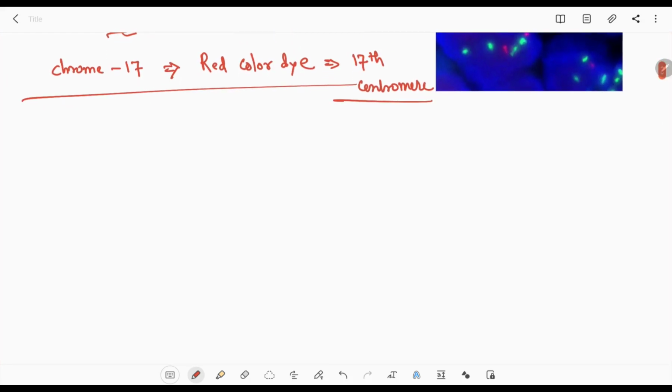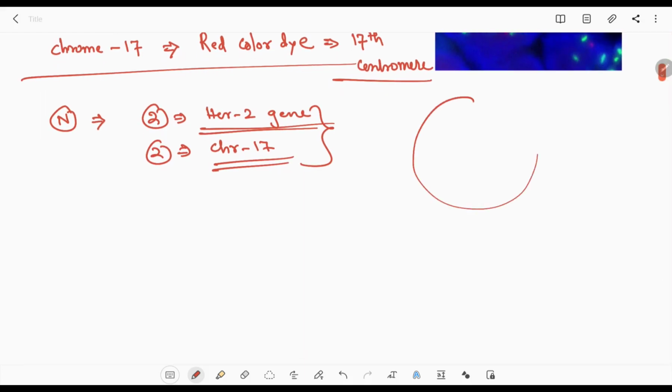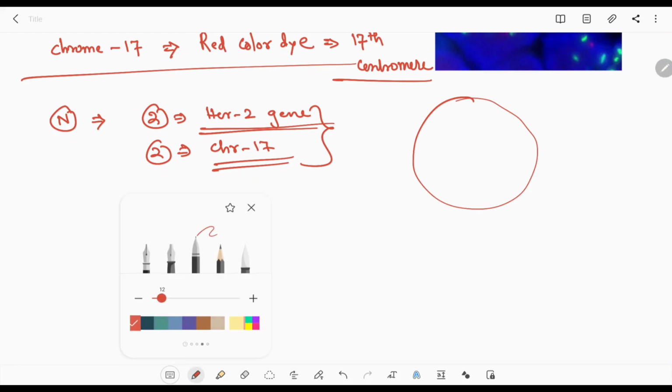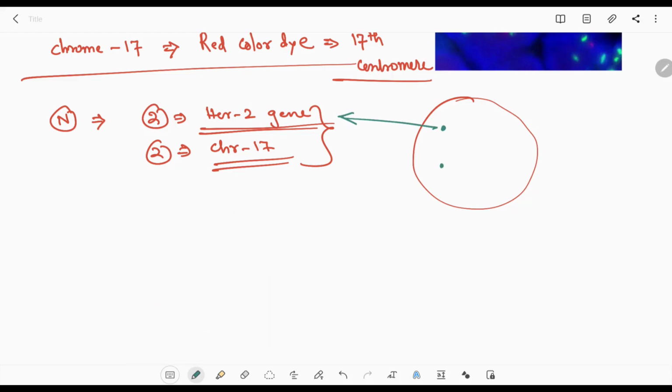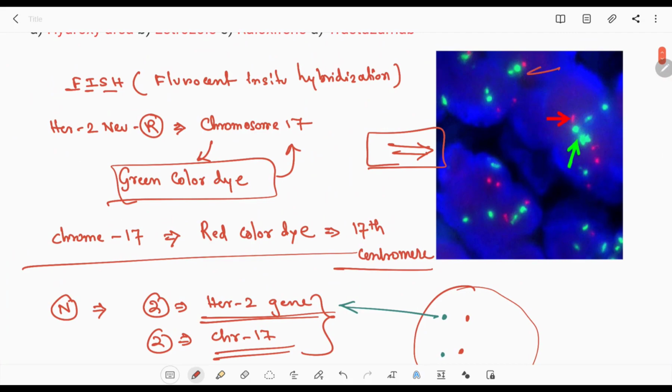In the normal case there will be 2 HER2 genes and 2 chromosome 17; each cell has 2 chromosomes number 17 and 2 HER2 neu genes. So it gives 2 green dots for the HER2 neu gene and 2 red dots for chromosome 17. But in this picture you are getting more green dots.